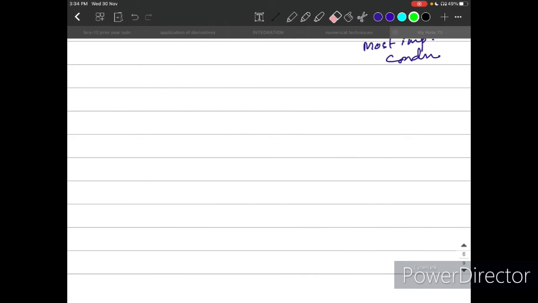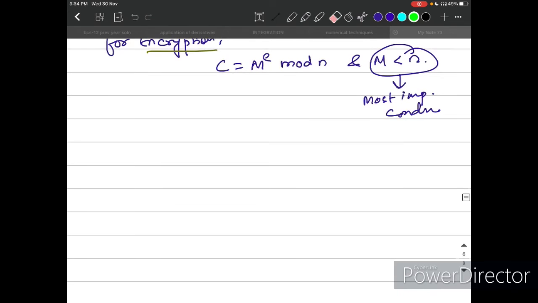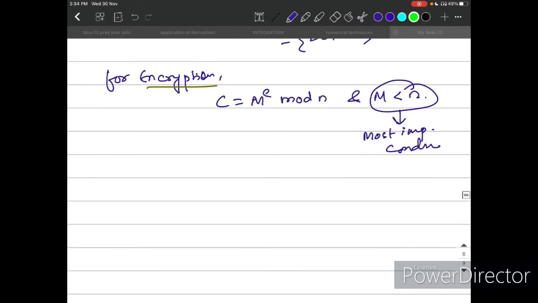Suppose, let's take an example, suppose the message M equal to 5. Okay. Now what you do? You have to encrypt this message M equal to 5.